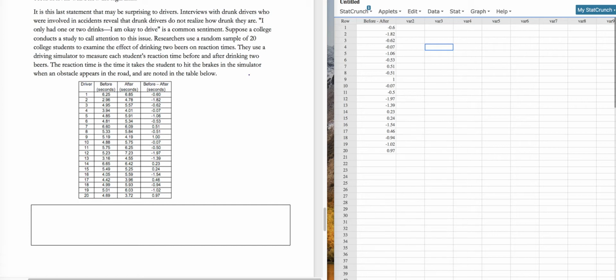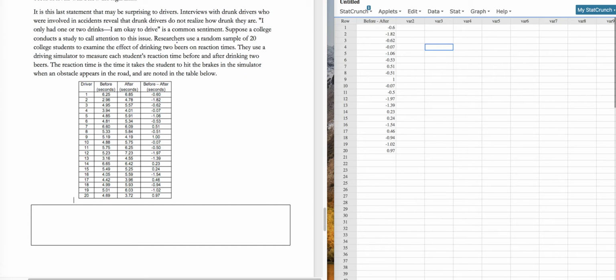We're going to start with considering our null and our alternative hypothesis, really just in the context of what we're trying to find out here. So we're looking at a relationship between reaction time and drinking.